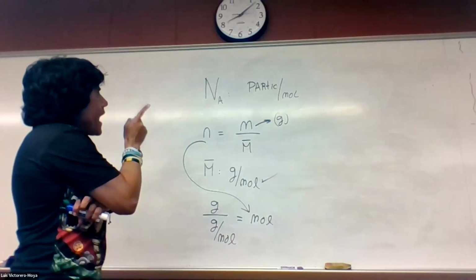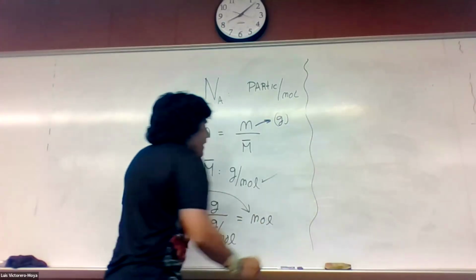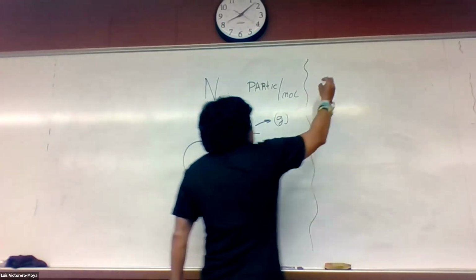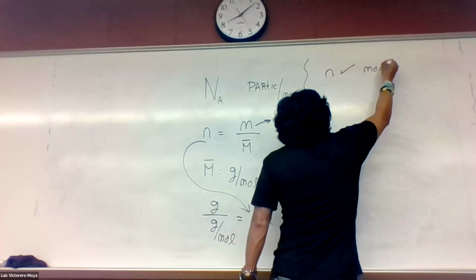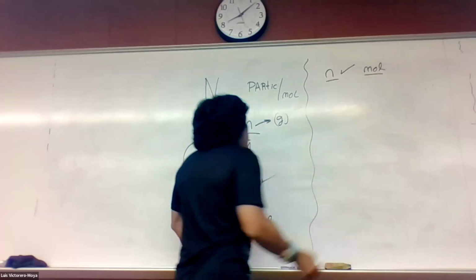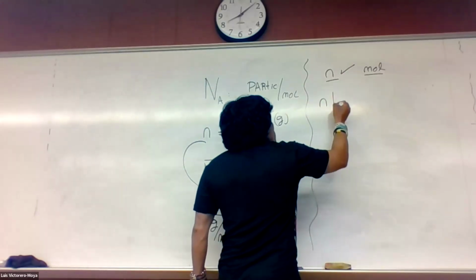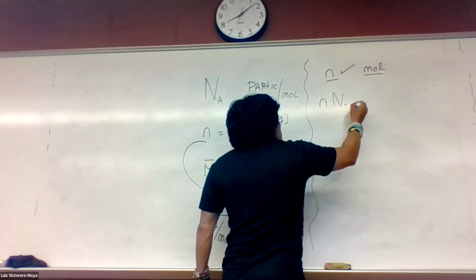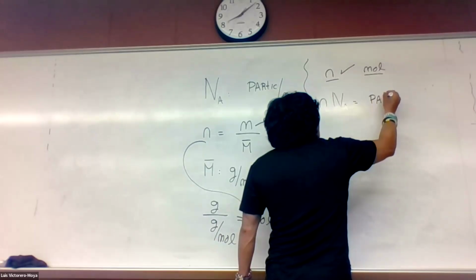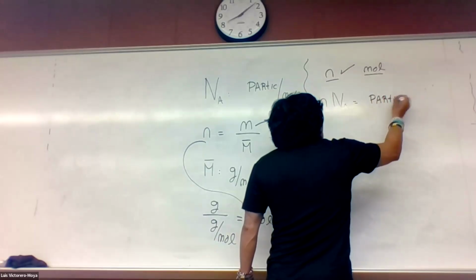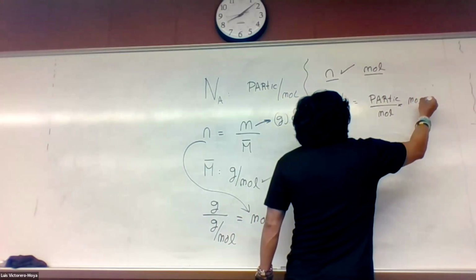So I can find the number of particles in a gas if I have the number of moles n. This is in moles. If I multiply the number of moles times the Avogadro number, I get number of particles, particles per mole times mole.